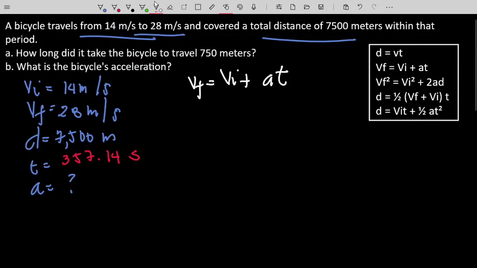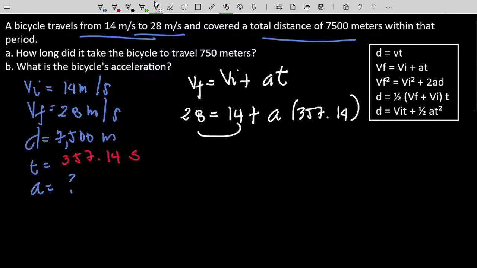Now our final velocity is 28, then our initial velocity is 14 plus acceleration is what we're trying to look for, and your time is 357.14. Now transpose your 14 right here. Now 28 minus 14 equal to 357.14 multiplied by acceleration.